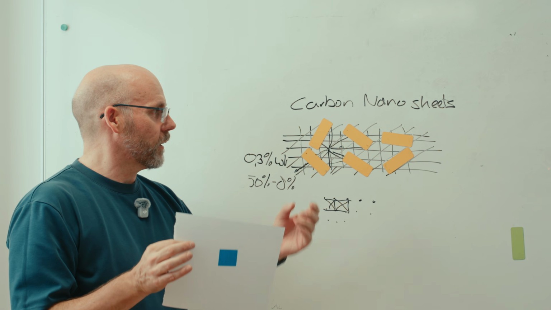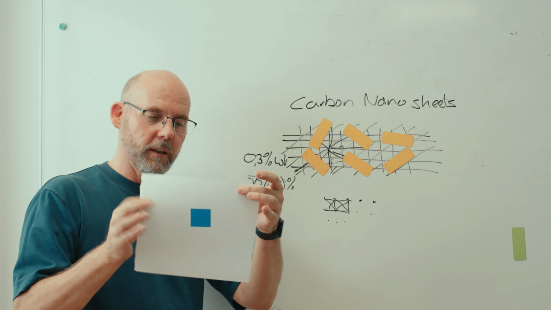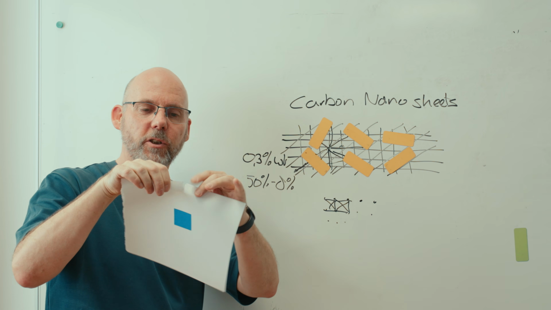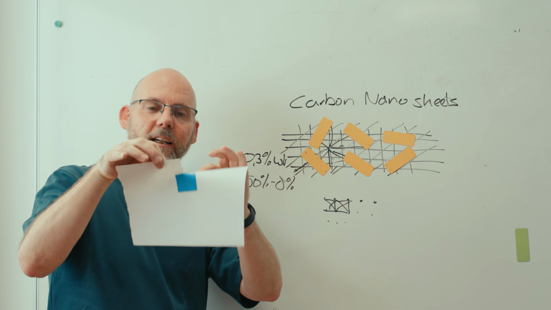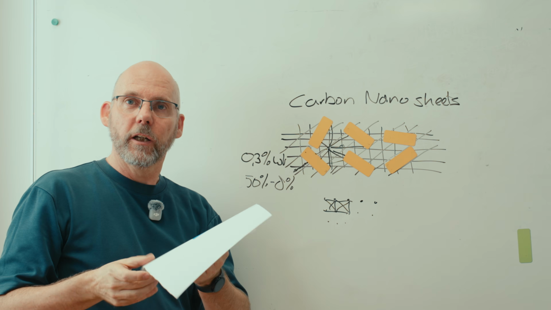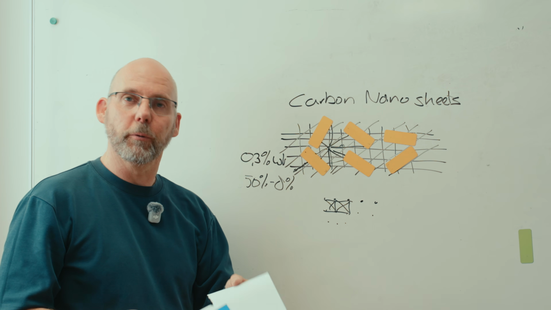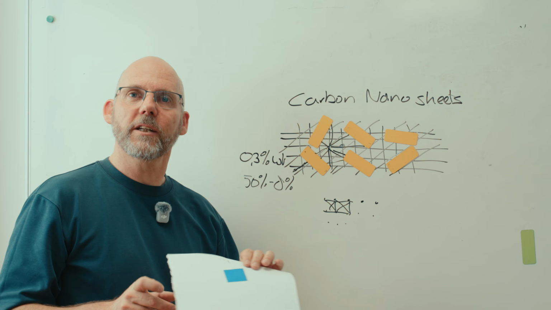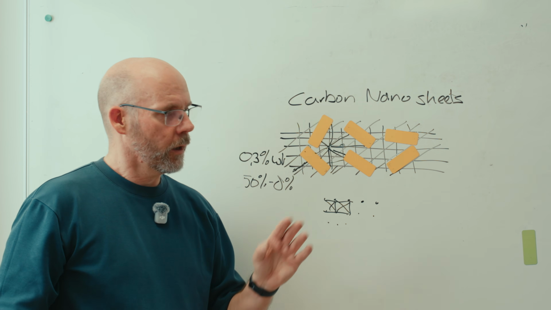So the paper is like our carbon fiber part, and the piece of tape is like our carbon nanosheet. And what happens now, if I start to tear it, and the tear gets to that, it actually won't tear any further, it will stop the tear. The tear resistance could increase immensely by putting that piece of tape on. That's the same concept that we're doing here. Just makes the material that much stronger.